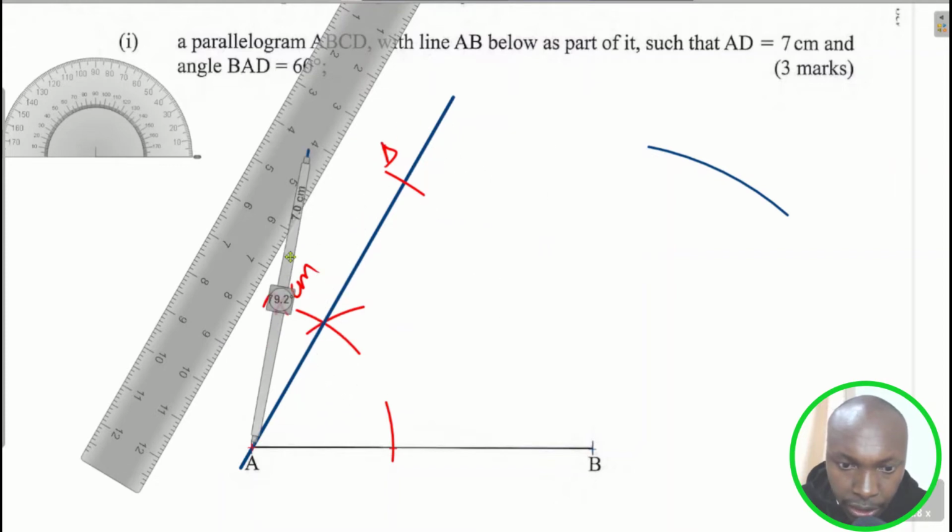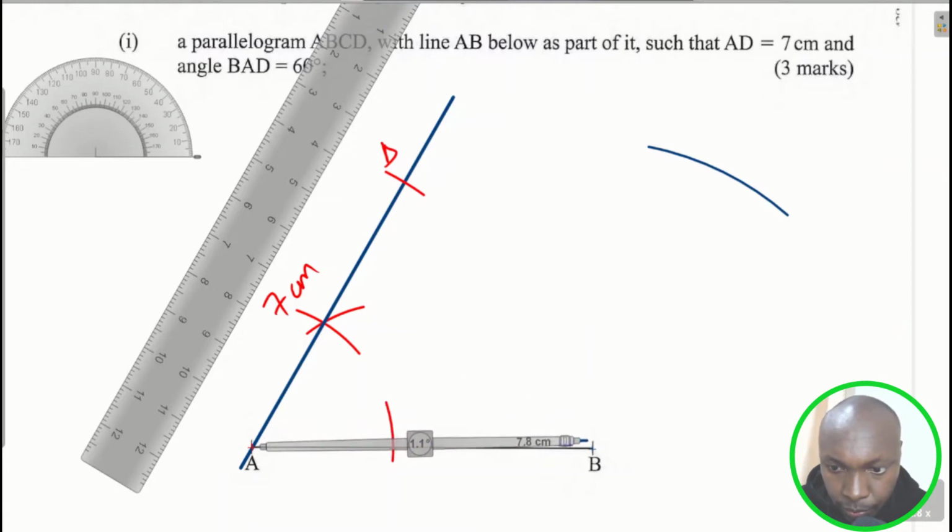Then you're going to take the measurement of line AB, standing at A. This one is exactly 8.